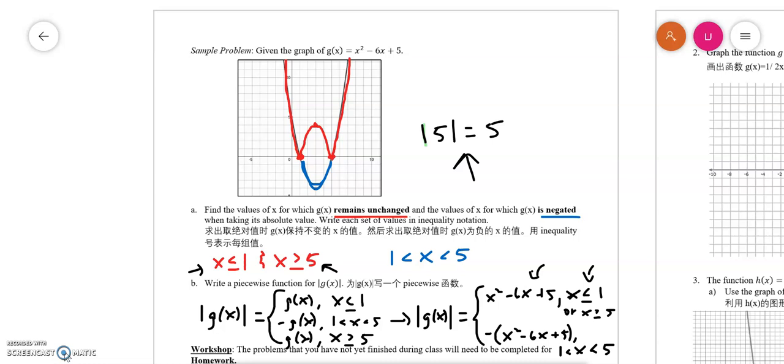Versus where the function was negative, we're going to have to negate a negative to get a positive. So you will write a negative in front of your whole function and use parentheses in front of the whole function, and then the domain where that function was already negative.